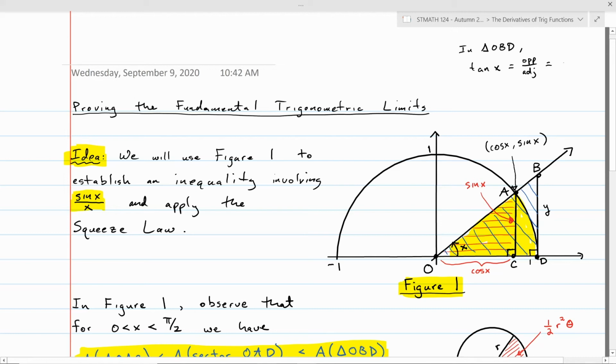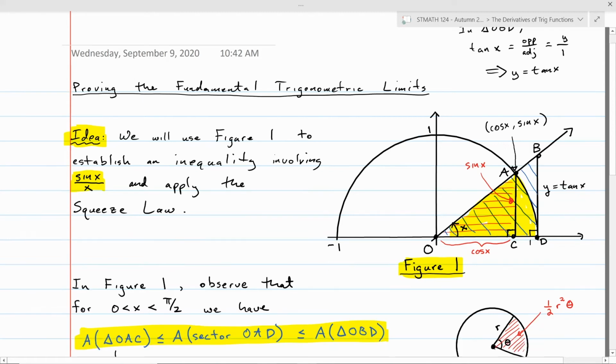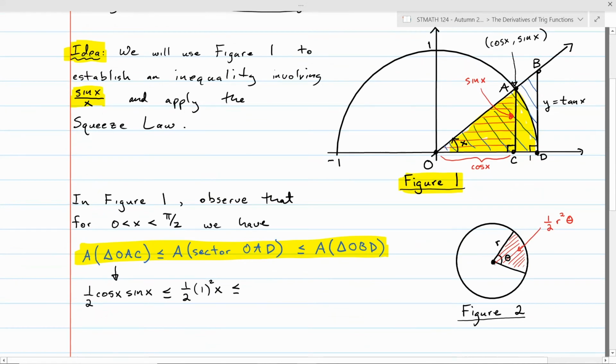So tangent of x is the opposite, which we have labeled y, and the adjacent, the bottom side of that triangle, has length 1. So the moral of the story from that little calculation is that y is equal to tangent of x. So that's the height of triangle OBD. Now that I know the base and the height, I can calculate the area of it. It's 1/2. The base is 1, and the height is tangent of x.